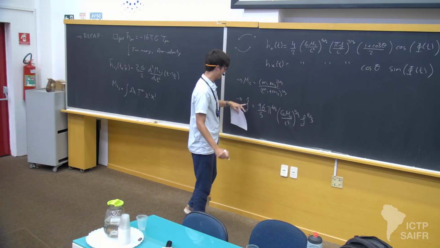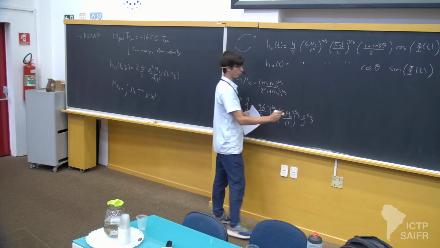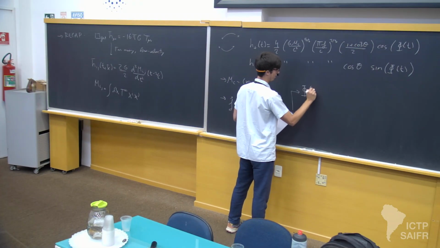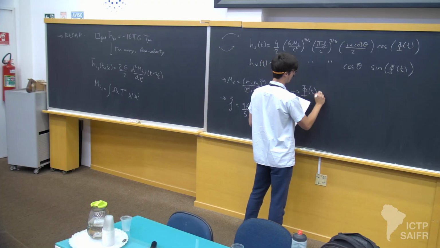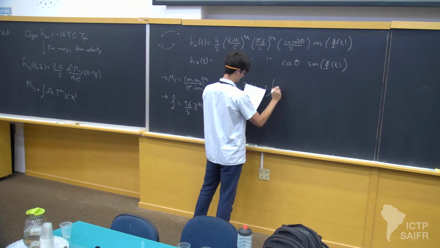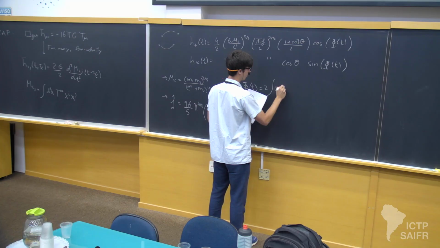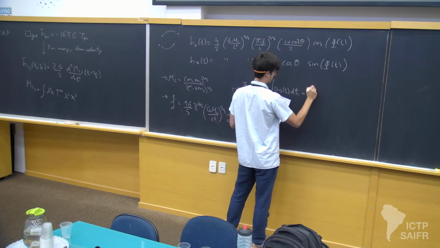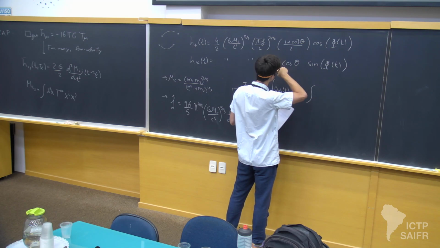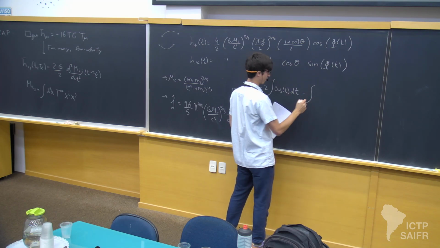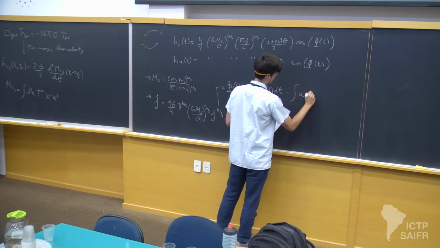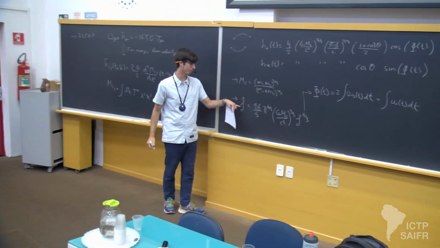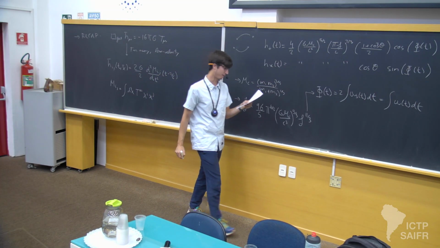And with this frequency evolution, one can compute the phase of the gravitational wave just by integrating the orbital frequency. No, sorry, the gravitational wave frequency is 2 times the orbital frequency. And then the gravitational wave frequency, we can get it from this expression.